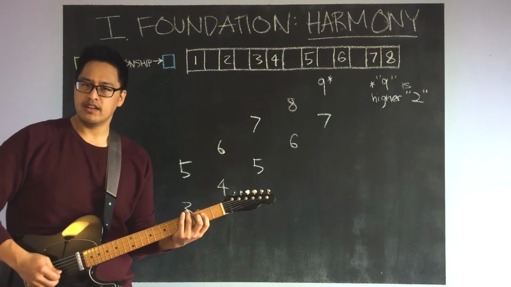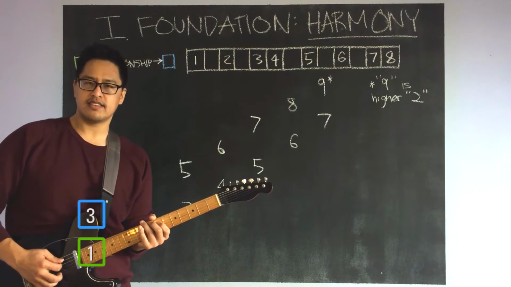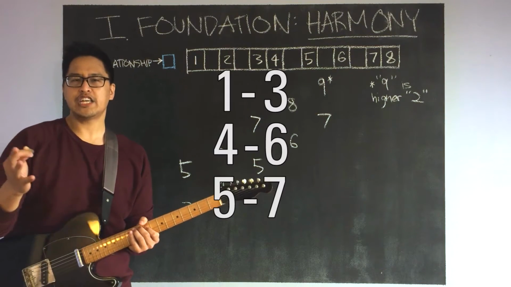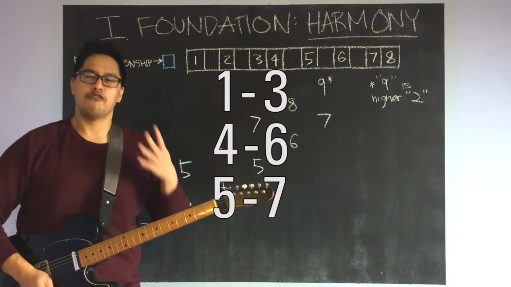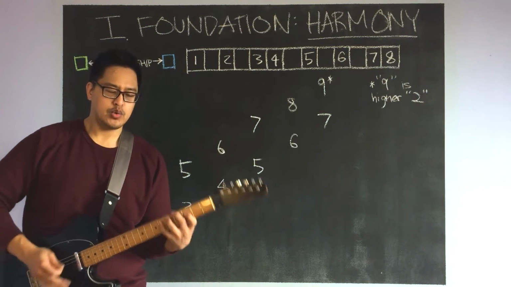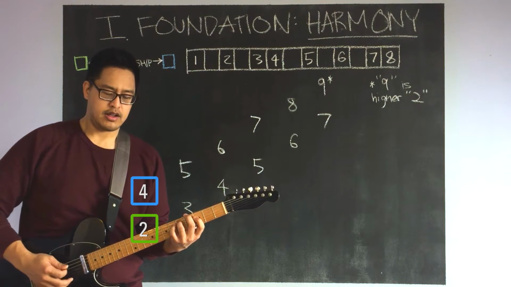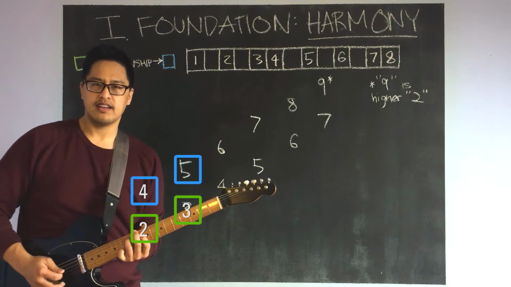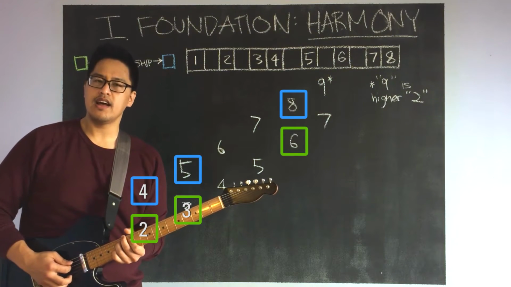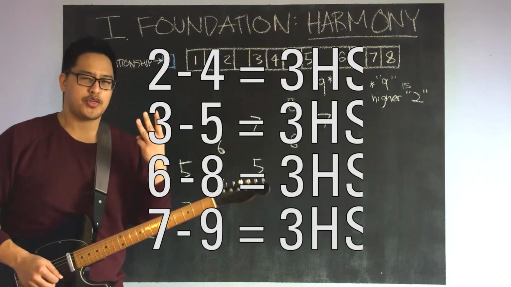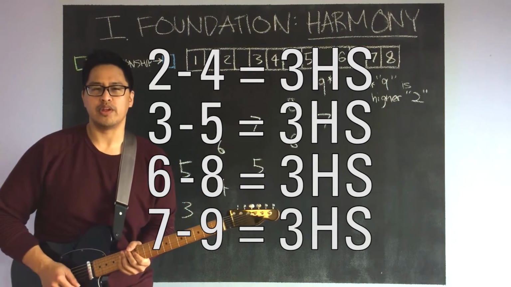While 1 and 3, 4 and 6, and 5 and 7 each have a relationship of 4 half steps or semitones in between them, 2 and 4, 3 and 5, 6 and 8, and 7 and 9 each have a relationship of 3 half steps in between them.